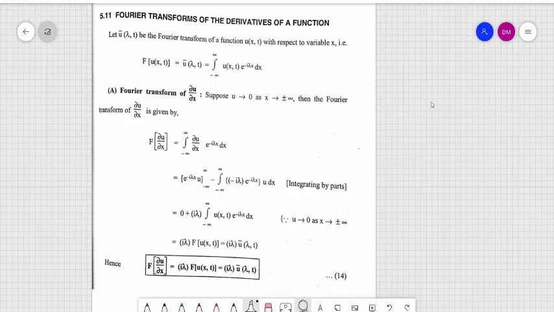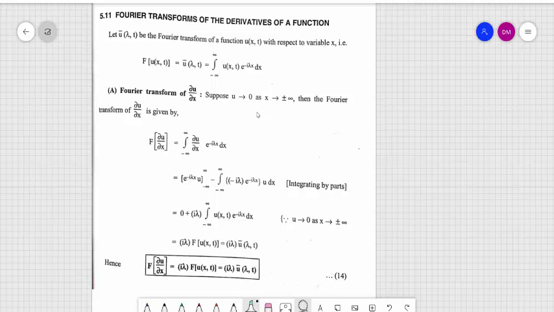So to find the Fourier transform of ∂u/∂x, since u is a function depending on two variables, we take the partial derivative, not du/dx, that is ∂u/∂x. But we have to consider some assumptions, otherwise this integration will not give a finite answer.